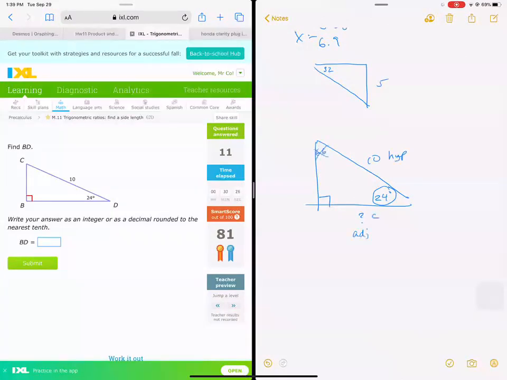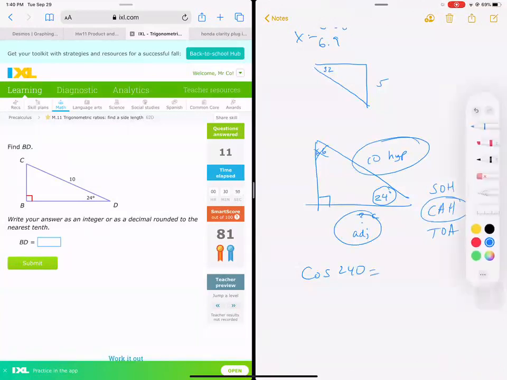You call that C. So adjacent, hypotenuse, that's cosine of 24 degrees, right? Because adjacent and hypotenuse, SOH CAH TOA. I'm looking for adjacent, have hypotenuse. That's adjacent over hypotenuse. So I have to use cosine.